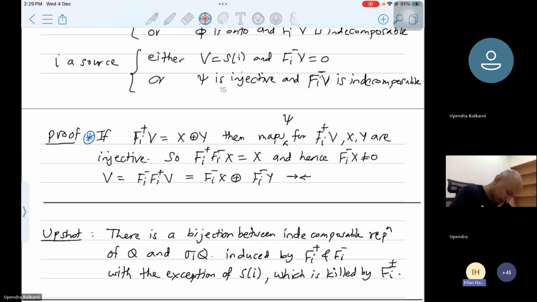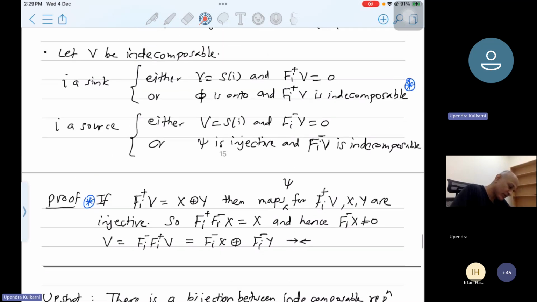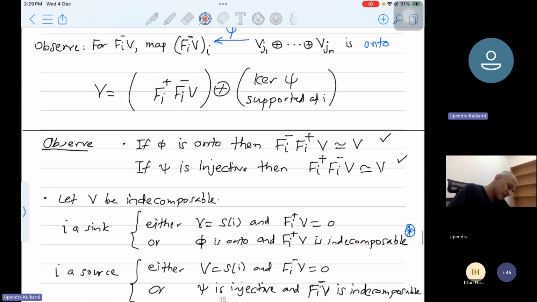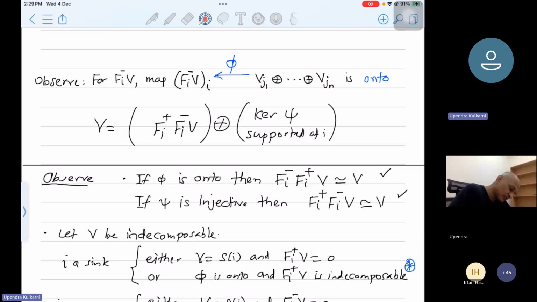Yeah, I have one. May I ask? Yes, please go ahead. So I still don't understand why this V is equal to Fi minus Fi plus of V. Correct. Okay, so let's go back and see this. What you would like to discuss further is this, correct?